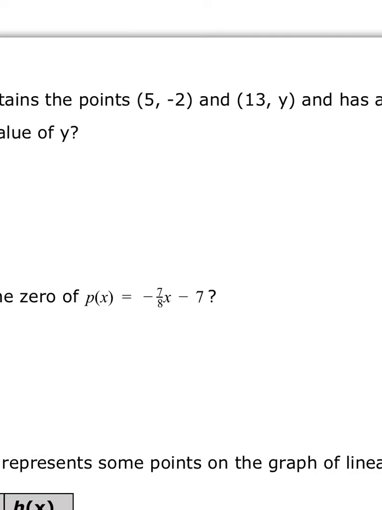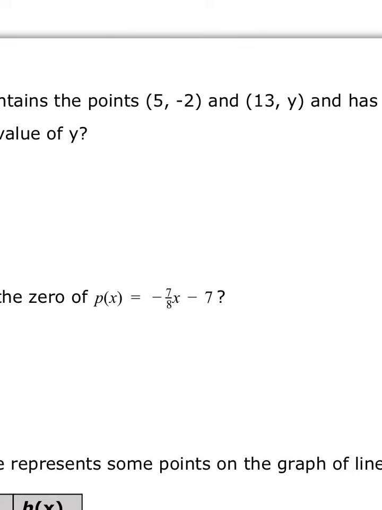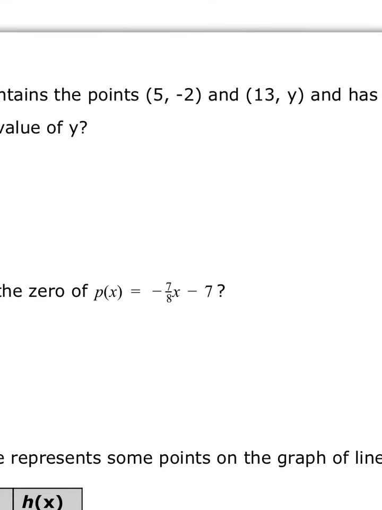All right, number 9 says a line contains the points (5, -2) and (13, y), and has a slope of 3/5. What is the value of y? All right. So, to find the slope of a line, I'm going to use m equals y2 minus y1 over x2 minus x1. I'm going to label all my points: x1, y1, x2, y2.